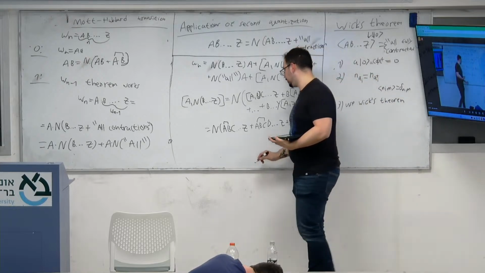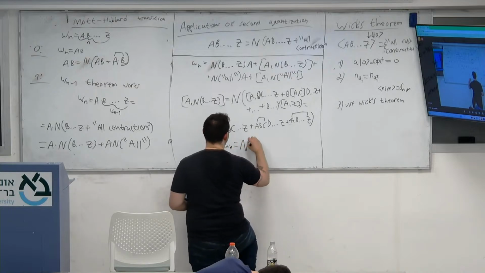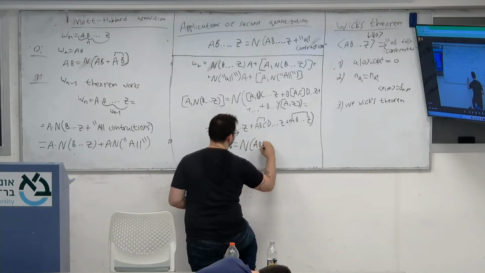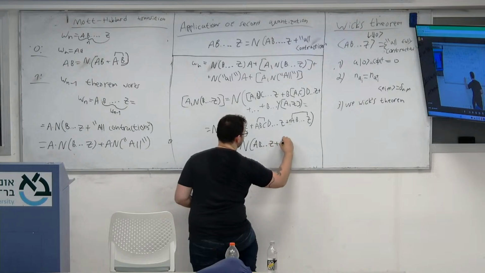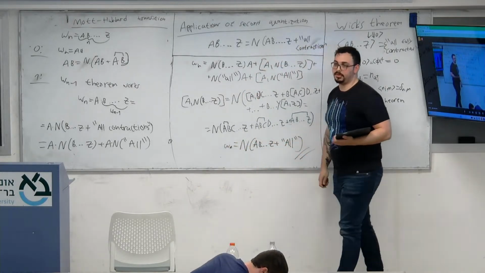So overall, omega N equals N of A to Z plus all contractions. And this is a proof of the theorem.